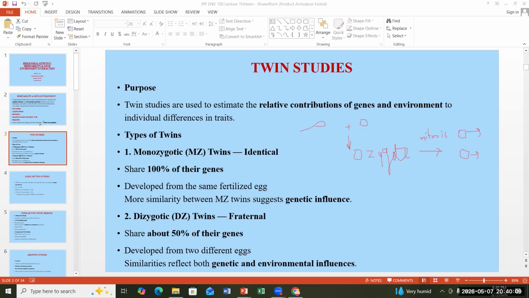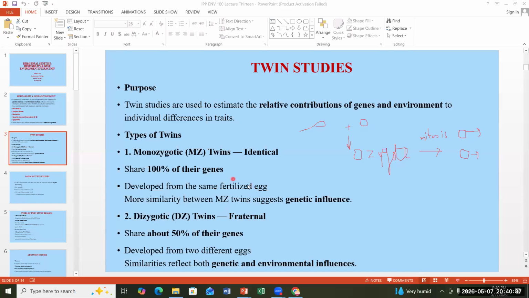So these types of twins are known as monozygotic twins. What are monozygotic twins? Because they are produced from the same zygote. They have exactly the same genetic makeup. There is no change. They have inherited 100% similarity in their genes, right? They are developed from the same fertilized egg.